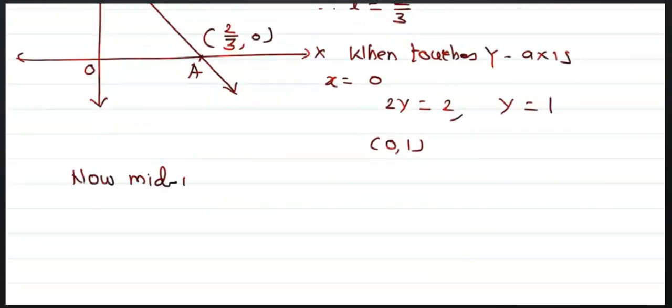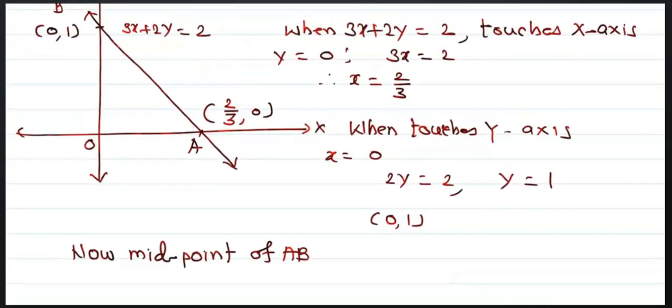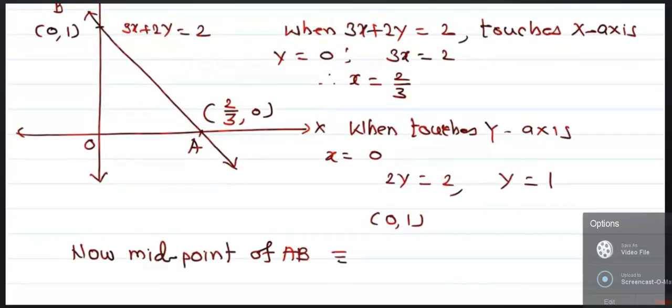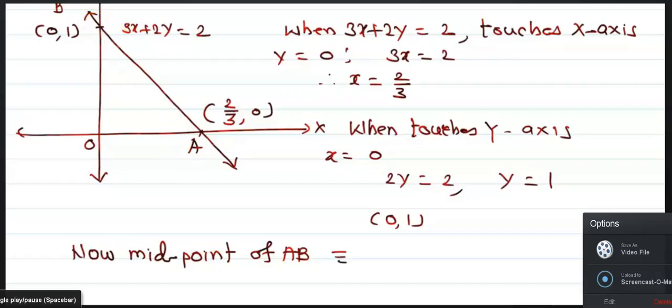AB. Now the midpoint of AB. To find the midpoint of AB, because the required line passes through the midpoint of this portion. AB is the portion, this is the segment.